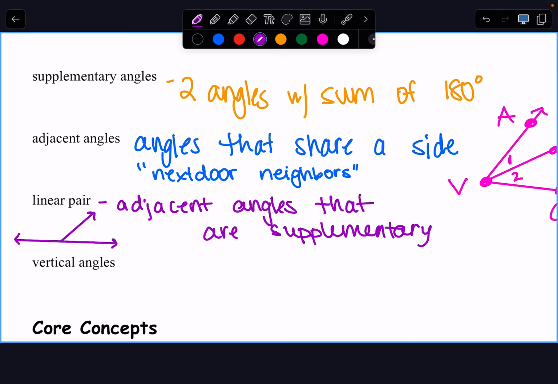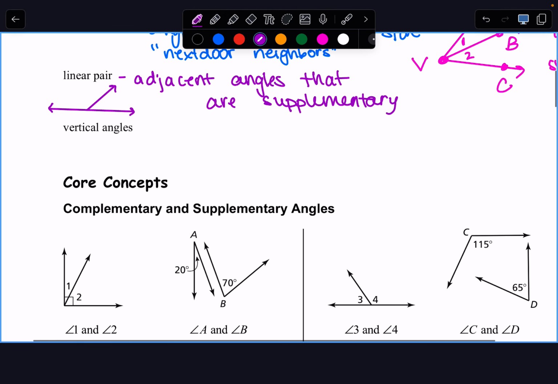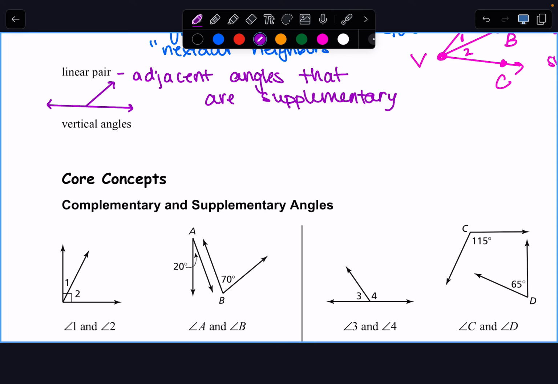All right. Vertical angles. This is one that I'm not sure you've ever heard of before. Hayden thinks he has? Angles that share the same vertex. Okay. These share the same vertex, but they're not vertical. Angles that, Austin, are opposite.